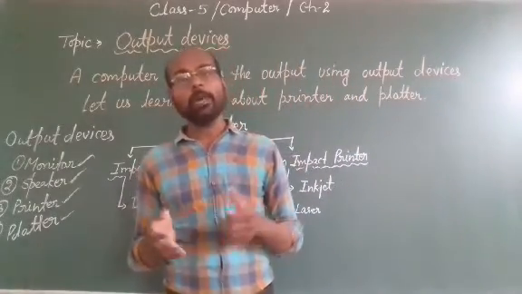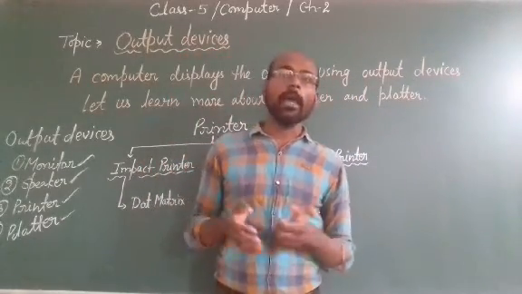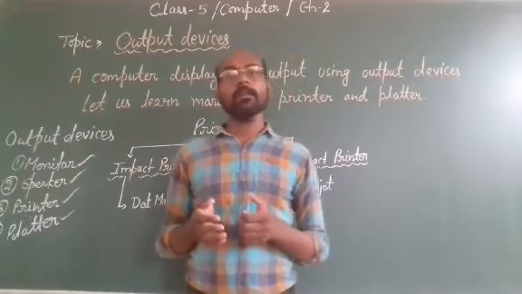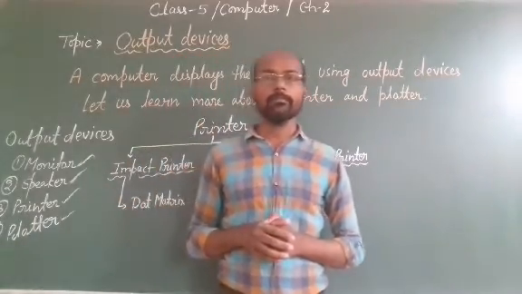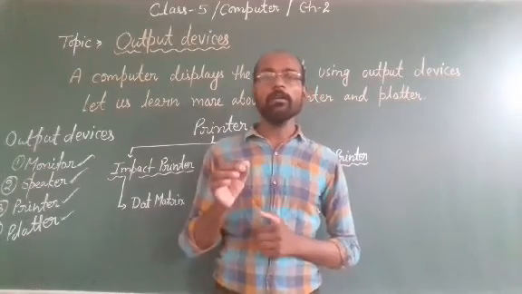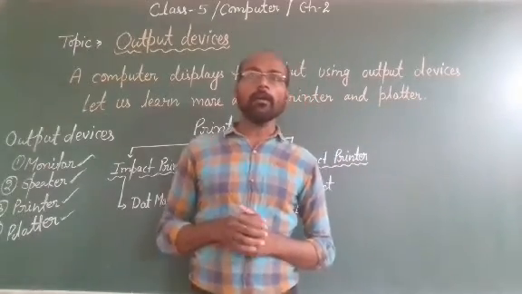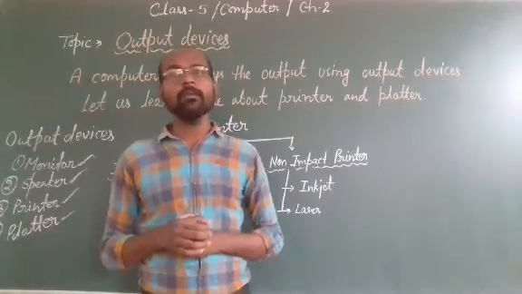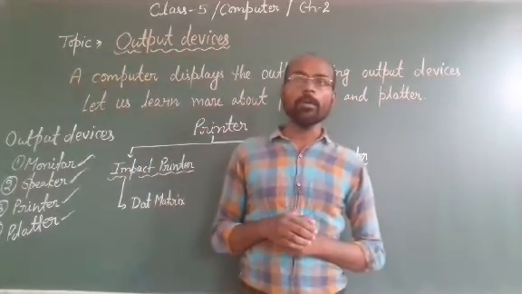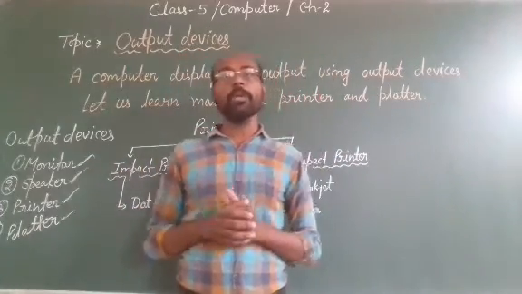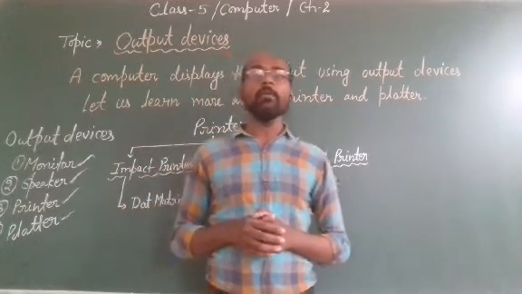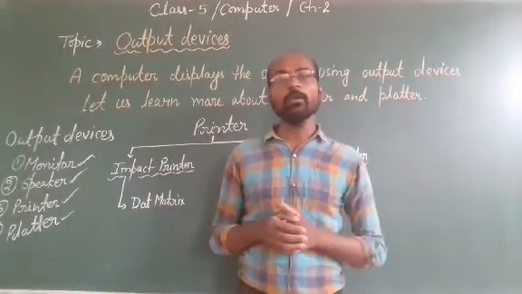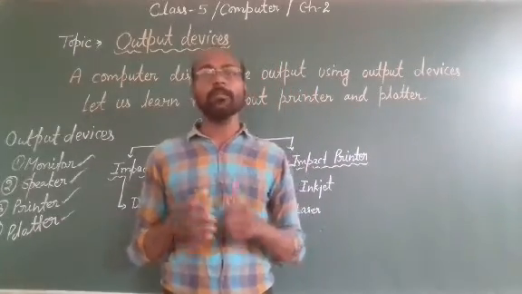Students, in an impact printer, the characters and graphics are printed by striking on the paper. This type of printer creates noise while printing and does not produce very high quality print.